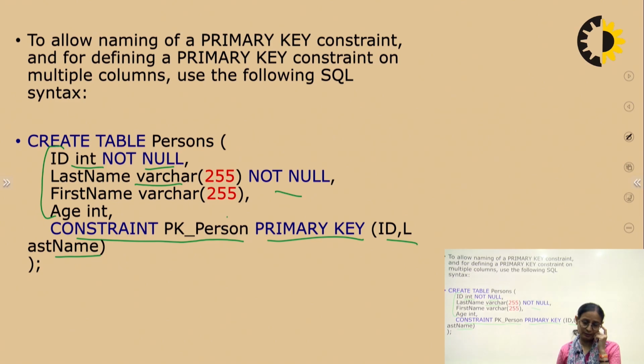As we have seen earlier in our other units, we could have multiple columns serving as a primary key or as a candidate key. This is how, if I want to define multiple columns, I take a combination of two or more columns as a primary key.